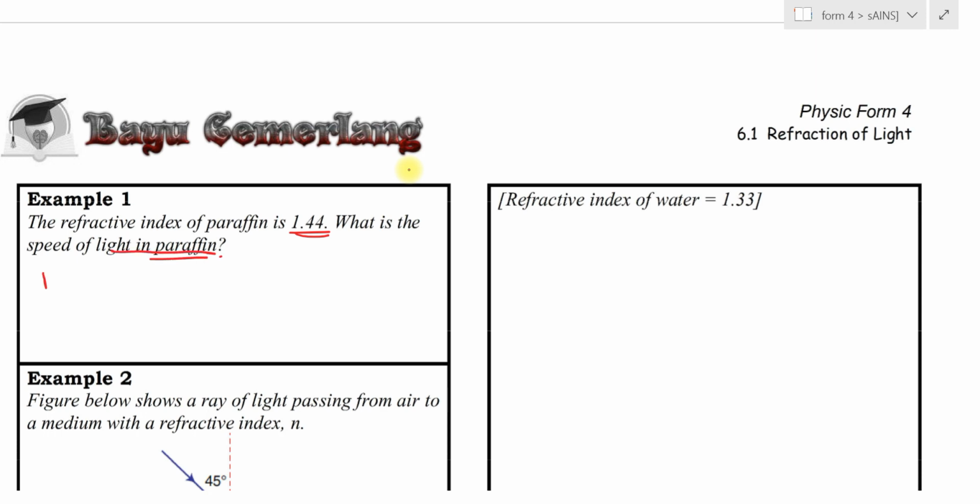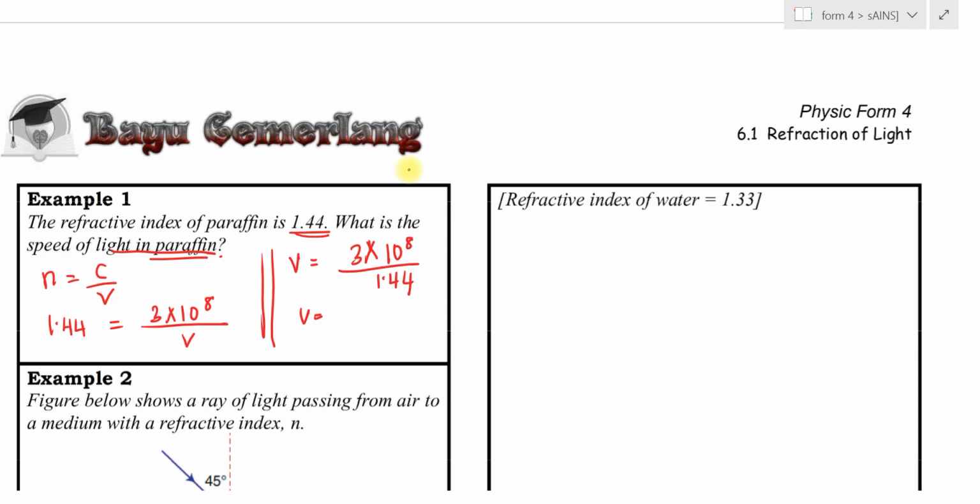So kita tahulah, so n equal to c over v. N tu dia dah bagi tahu 1.44. C tu kita tahu 3 times 10 to the power of 8. What is the v? Jadi v tu naik atas di sini. 3 times 10 to the power of 8 divided by 1.44. How much is that?